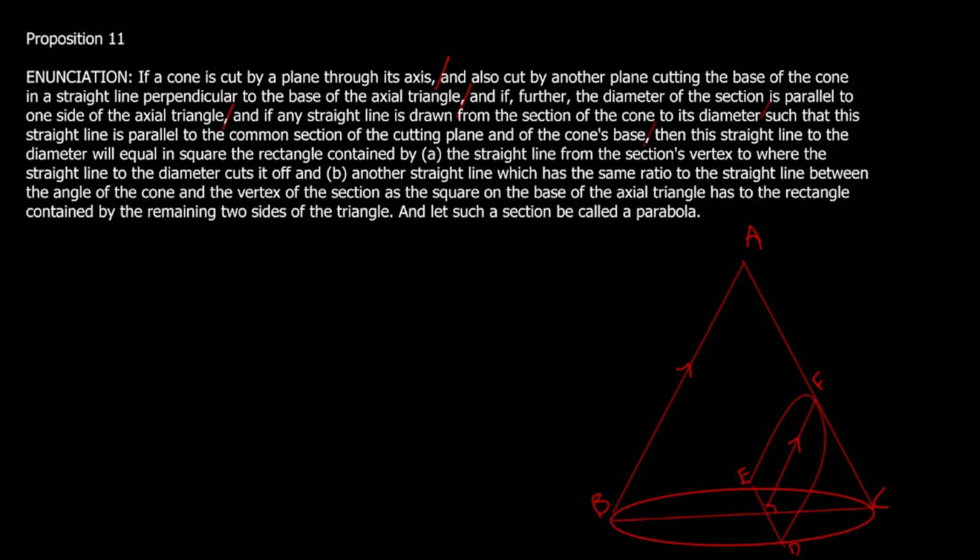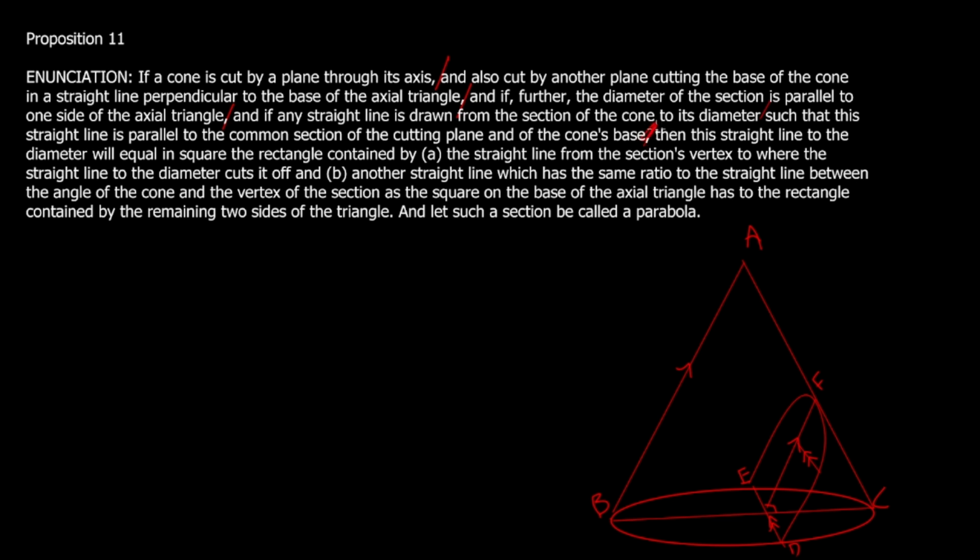We're trying to draw a straight line which is from the section to the diameter and which is parallel to the common section of the base of the cone and the section, which would be DE. So we've constructed this line here, parallel to this line here.